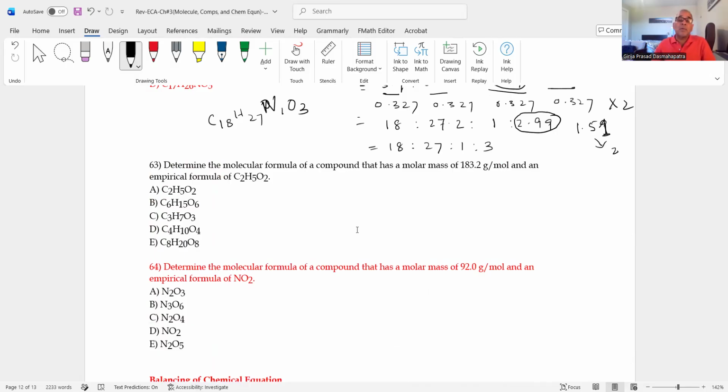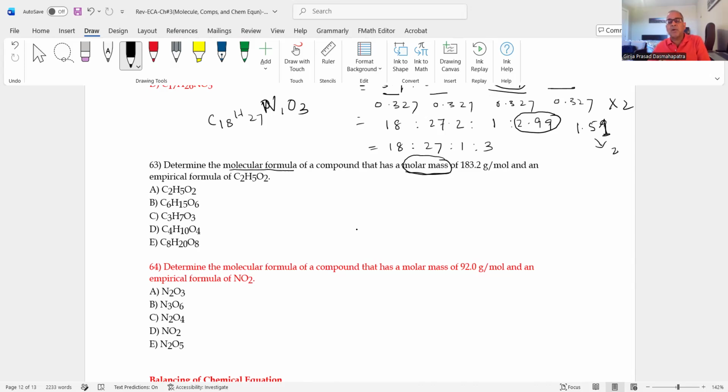How to find out the molecular formula? Let's do 63. In order to find out the molecular formula from an empirical formula, you have to find out another piece of data that is called molar mass. So you may be thinking, if I don't know the molecular formula, how do you find out the molar mass? Because I have discussed in other videos before, the molecular or molar mass is calculated based on the molecular formula.